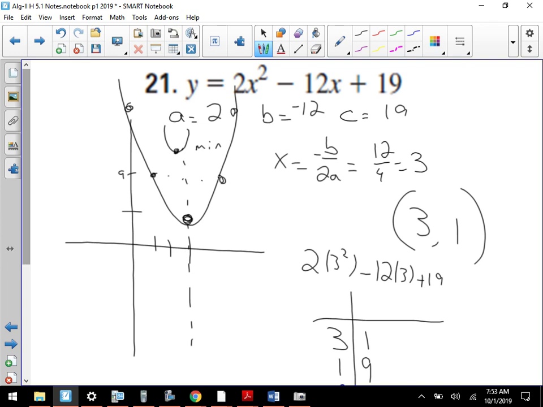Standard form. The other form we did was vertex form. Vertex form looked a lot like when we graphed absolute value.